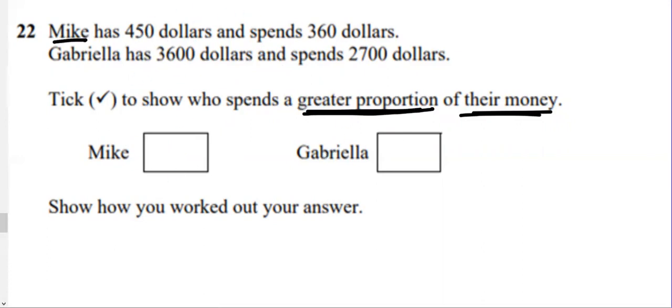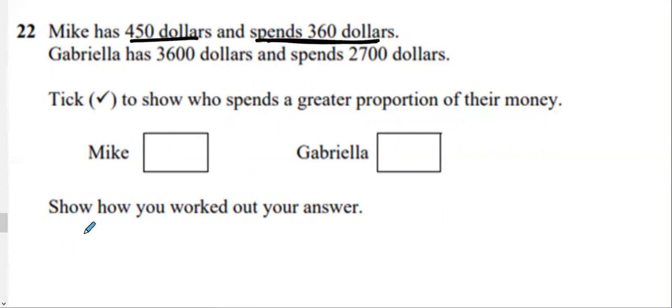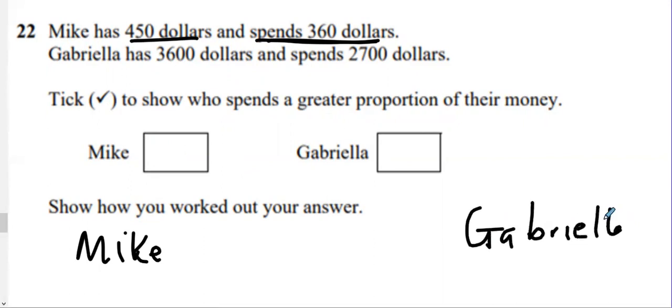But to answer this question in the easy way, what you're supposed to do is simply take these expenses and write them as a percentage, for Mike and Gabriela respectively.